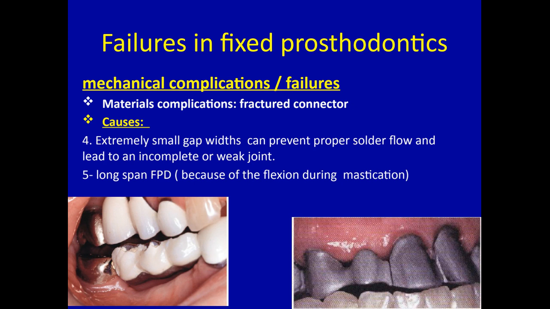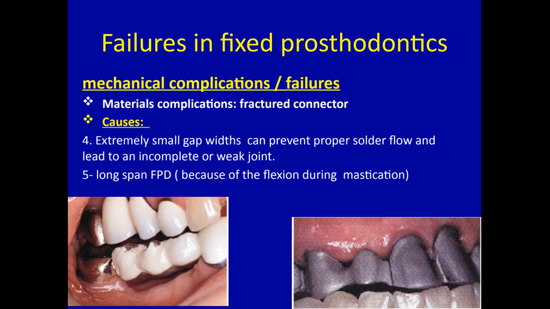If this gap is extremely small, this means the solder will not flow properly to fill all the gaps between the pontic and retainer, and this will result in an incomplete joint or weak connector.